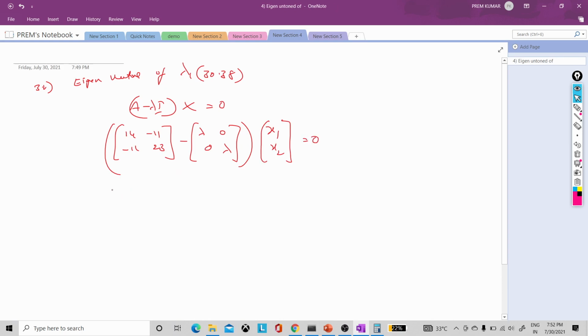So you can solve this equation: 14 minus lambda, minus 11, 23 minus lambda, multiplied with x1 and x2 equal to 0.